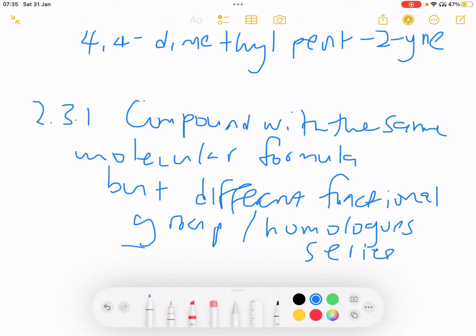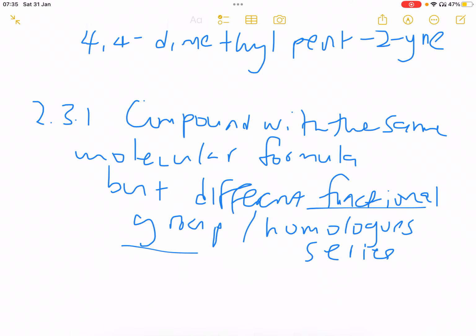But I think I would most prefer the one that says different functional group instead of homologous series, and that's debatable.